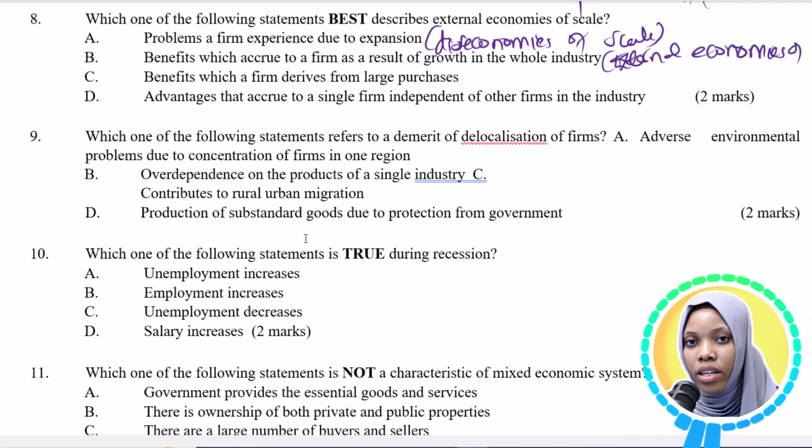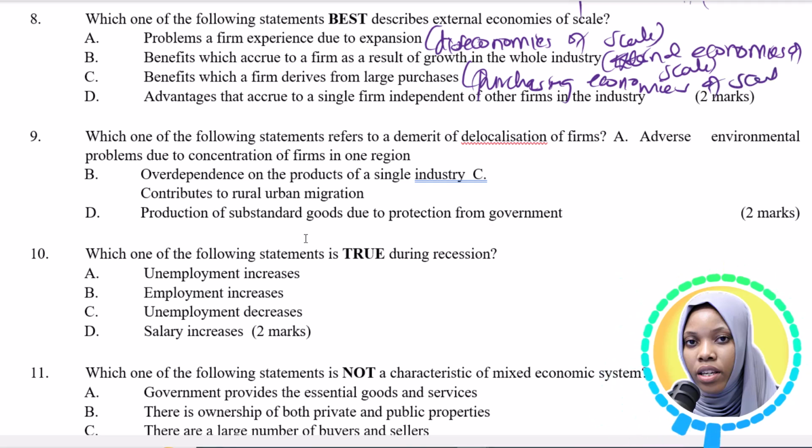Choice C, it's benefits which a firm derives from large purchases, that is purchasing economies of scale. This describes purchasing economies of scale.